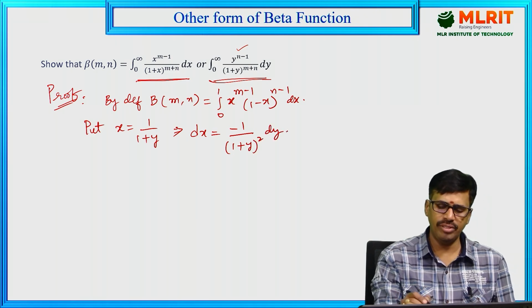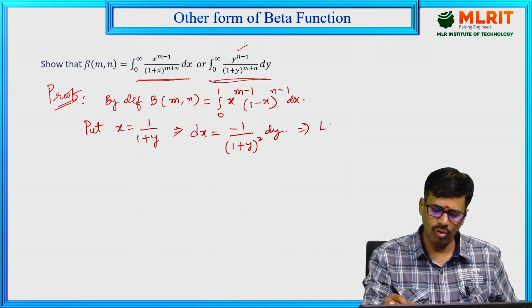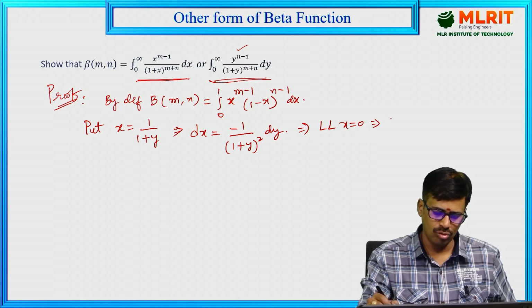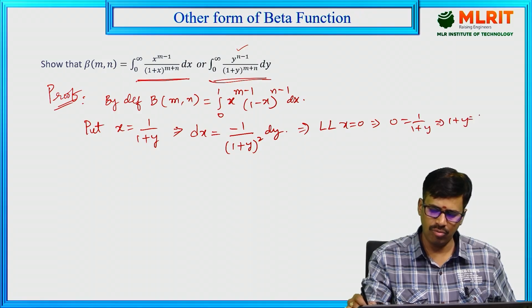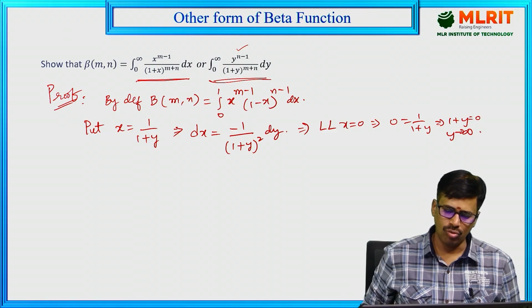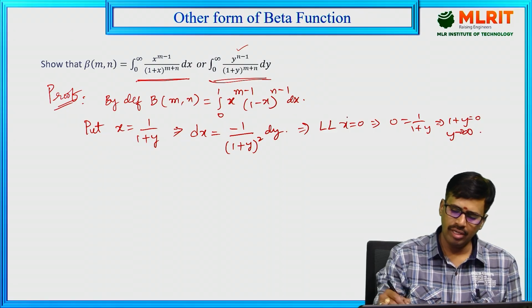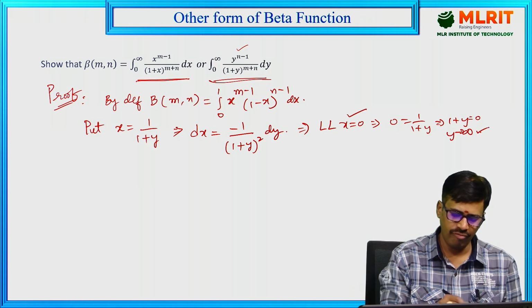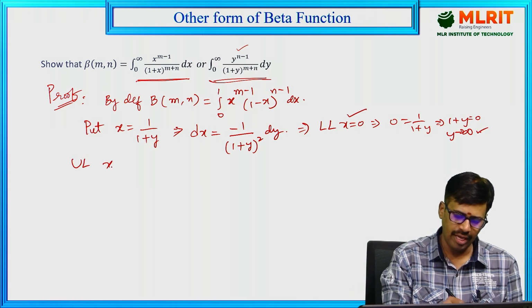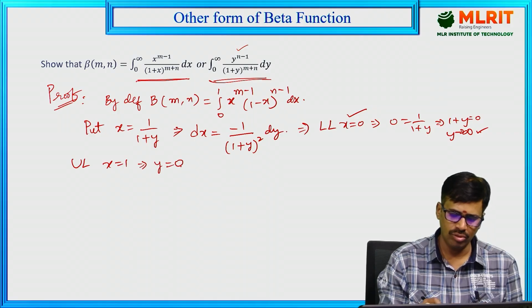Now the limits will change. What is the lower limit of x? 0. Substitute x equal to 0, so 0 equal to 1 by 1 plus y, that implies 1 plus y equal to 1 by 0, that is y tends to infinity. So when x equal to 0, y tends to infinity, and for the upper limit, x equal to 1, we get y equal to 0.